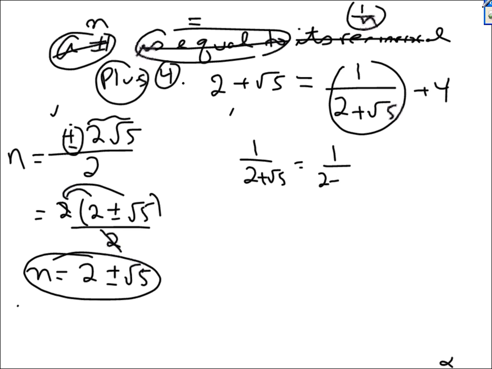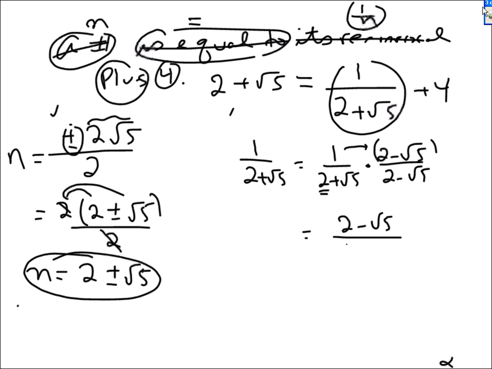Let's look at this number. It equals 1 over 2 plus square root of 5, times 2 minus square root of 5 over 2 minus square root of 5. So the top is 1 times 2 minus radical 5, which is just that. Now the bottom is a difference of squares. You get 2 squared minus square root of 5 squared, which is 5.